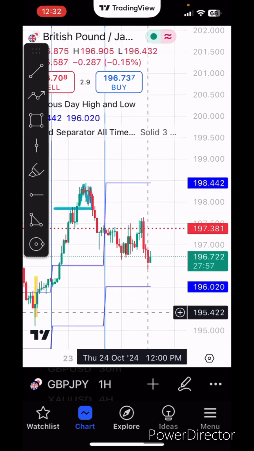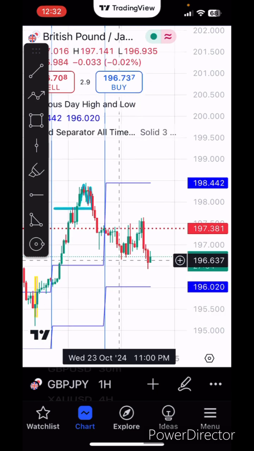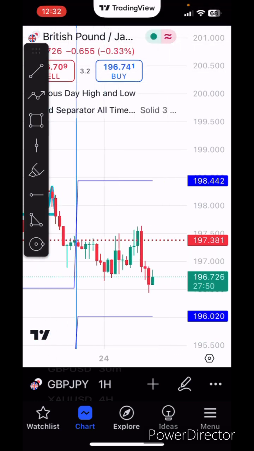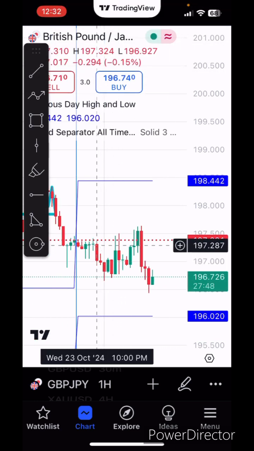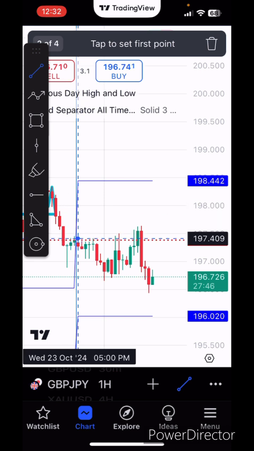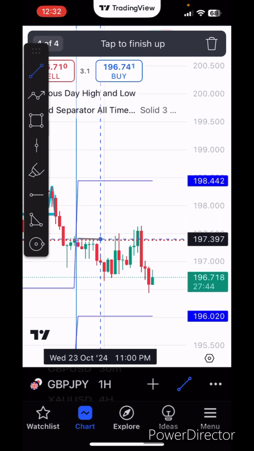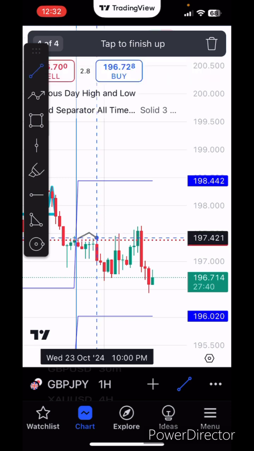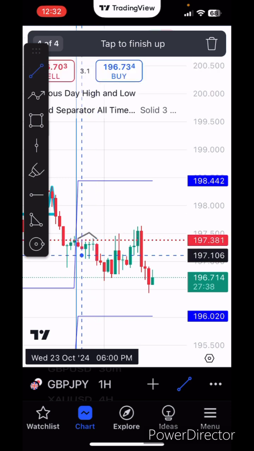And then on this day, we're going to zoom in and look, because this was a really nice opportunity, right? So when Asia trades, we get a high of the day right here, okay? This is like the high of the day so far.